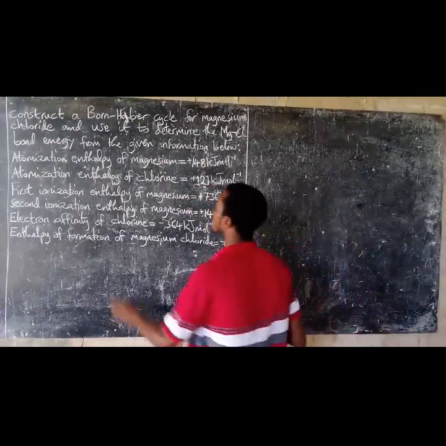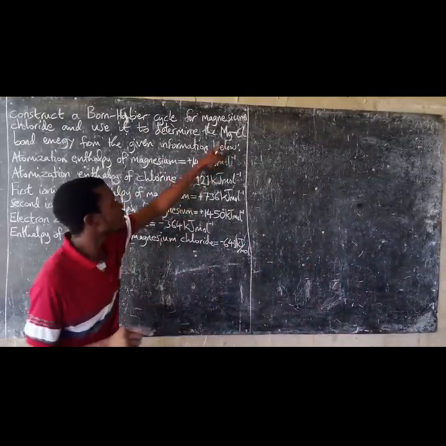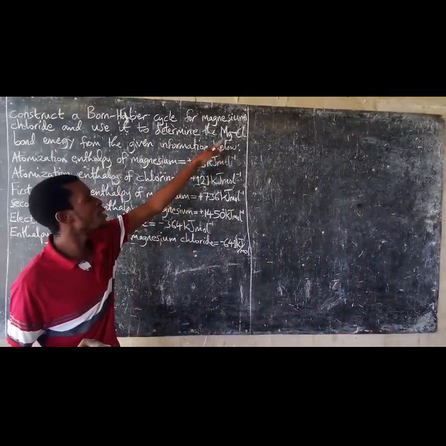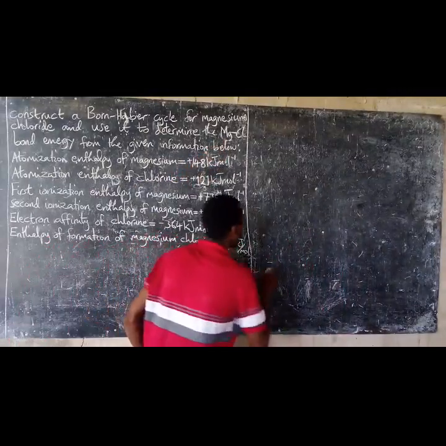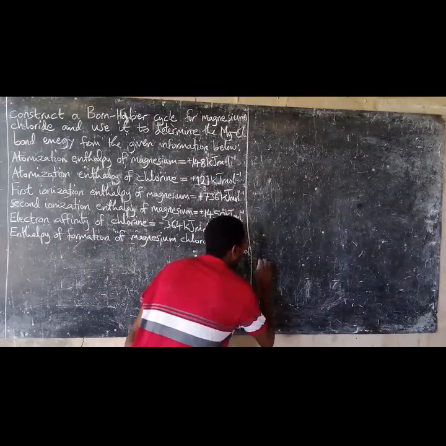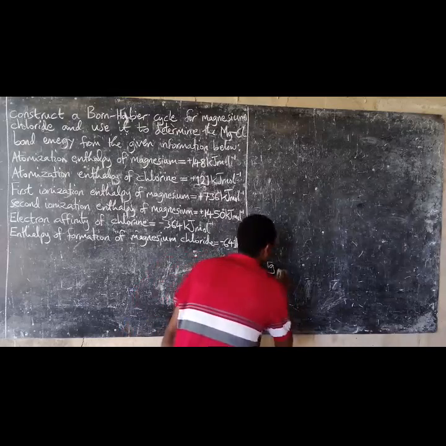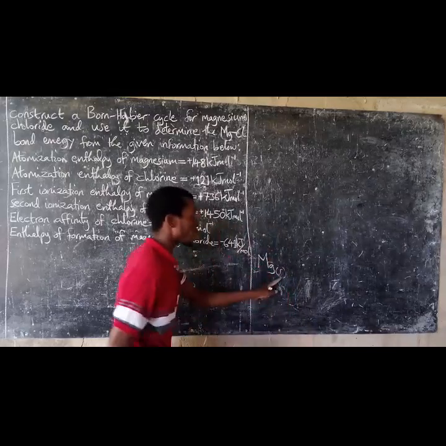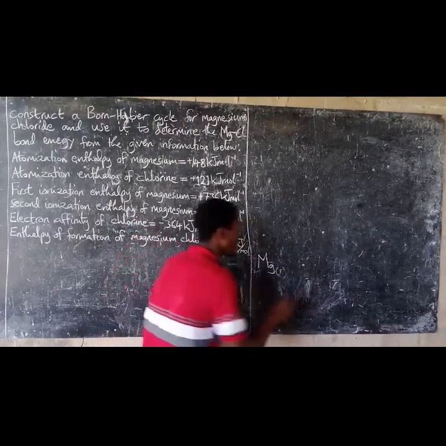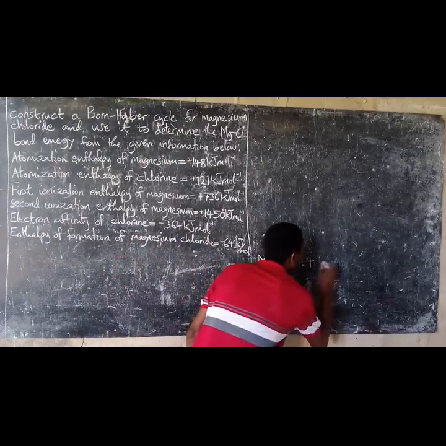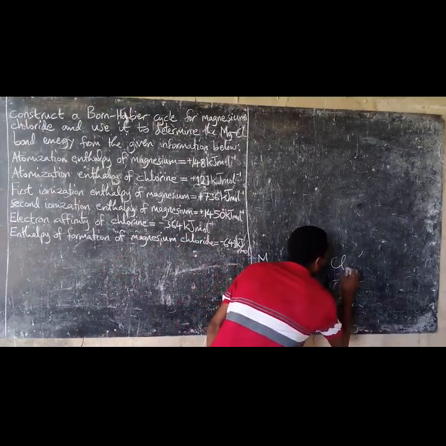So we have to write the elements which are reacting to form the compound, magnesium chloride. This is magnesium element. This is a metallic element. It exists in solid form. And plus chlorine.